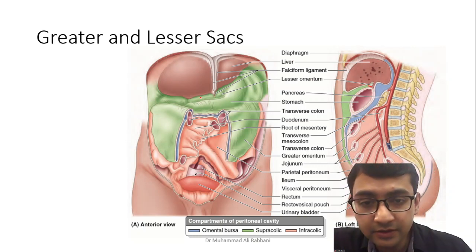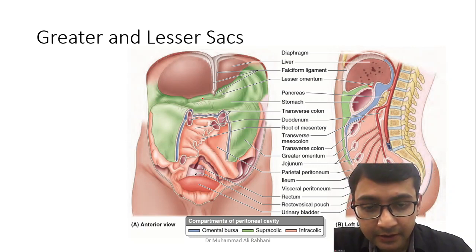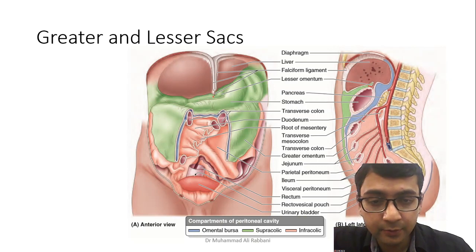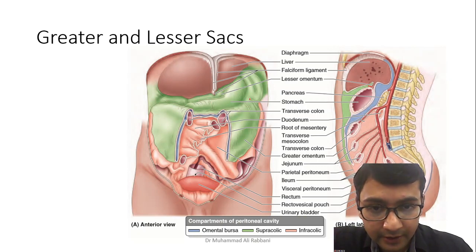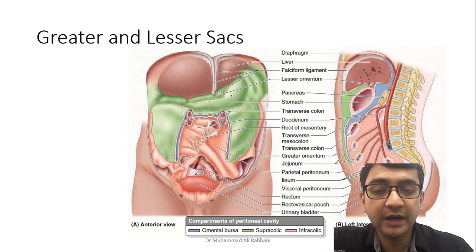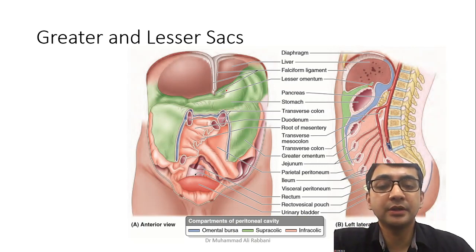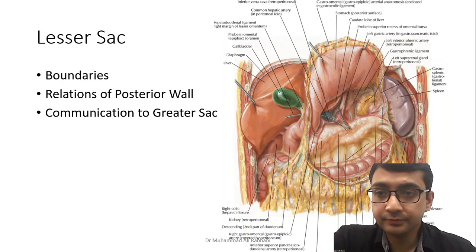Here you can see all of these things. Here is the lesser omentum, here is the stomach, and here is the space between the transverse colon and stomach. Behind it is the peritoneal space that is known as the lesser peritoneal sac.